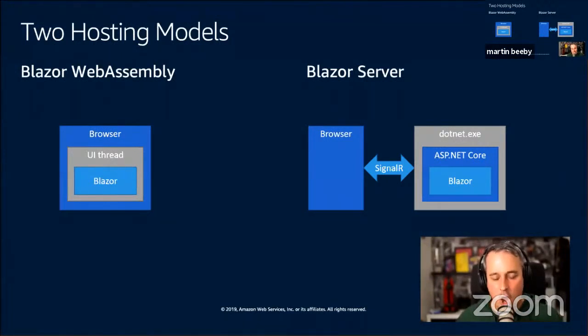Over SignalR, it calls into this .NET executable on the server, and in a very efficient way sends requests back and forth, and the user's web application is getting updated in real time as someone navigates the site. The cool thing is, with both these models, you can write the whole application in C#. With Blazor Server, the C# on the client is actually being executed on the server, then sending back to the browser.